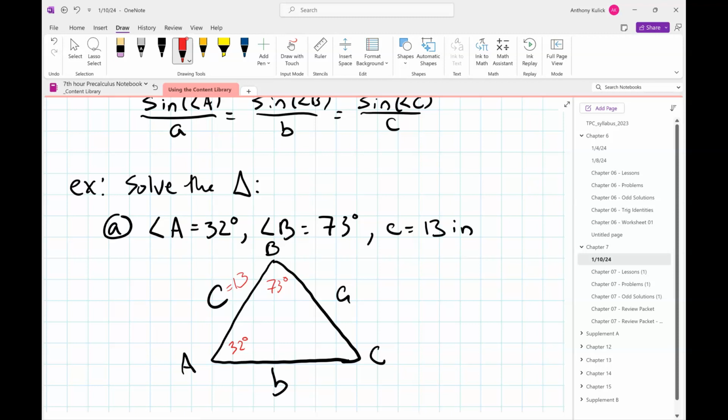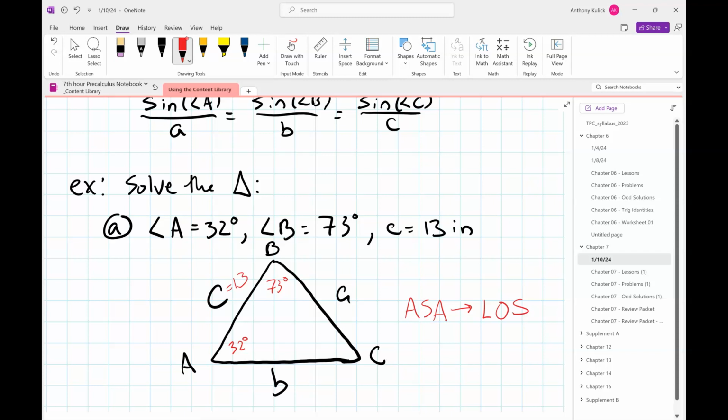It's angle, side, angle. Excellent. Which means that I'm going to be using the law of sines. So far, so good.